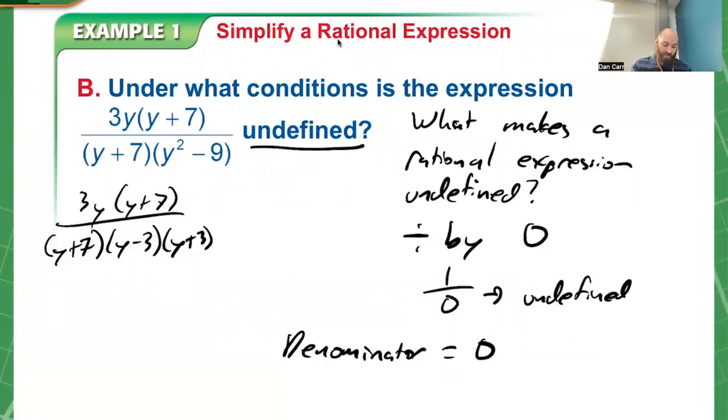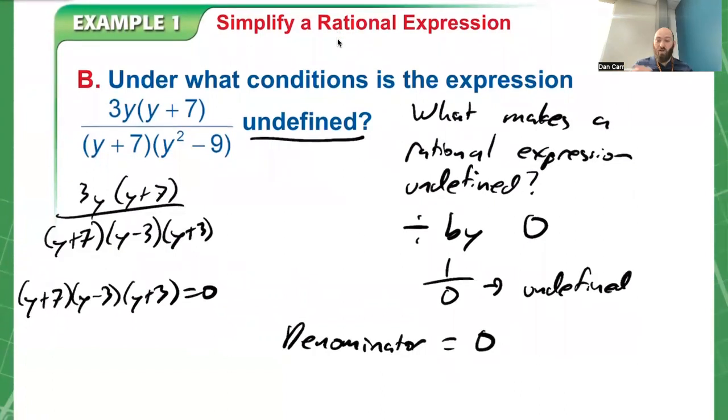So I can just take this y plus 7, y minus 3, and y plus 3 and set it equal to 0. From here, we can apply the zero product property. If these multiply together to 0, the only way for this to be true is if y plus 7 equals 0, y minus 3 equals 0, and y plus 3 equals 0. So that means 3 restrictions.